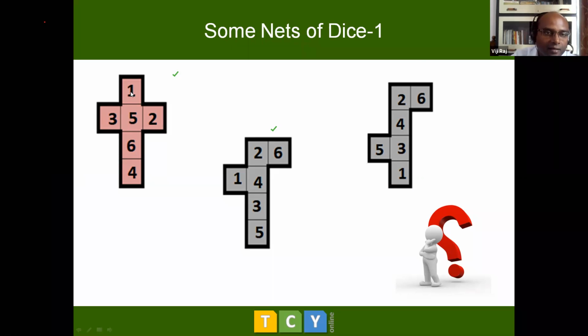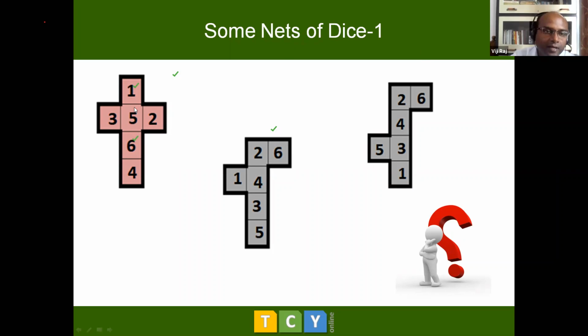And look for 1. To find out the opposite face of 1, what we need to do is, we have to skip 5 and reach the next box. So that contains 6. So 6 is opposite to 1.